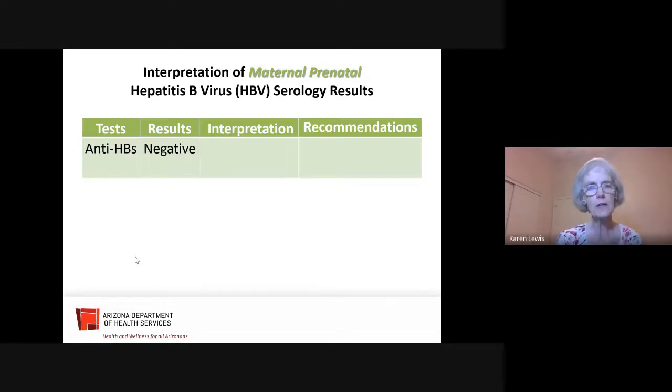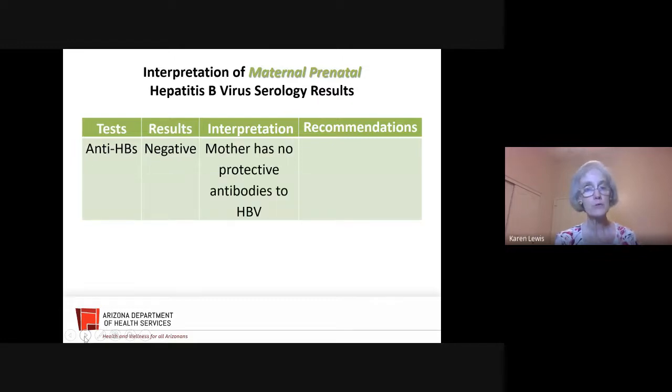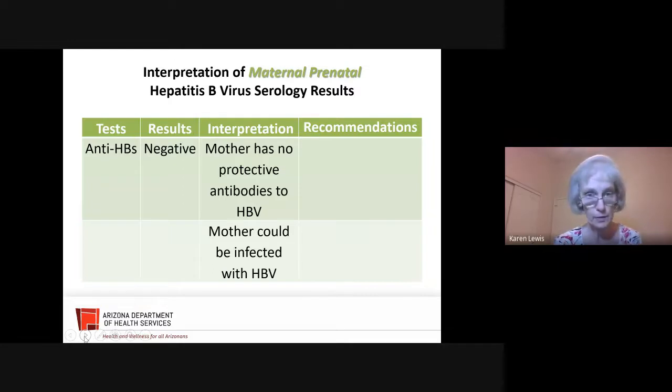If it's negative, that doesn't exclude infection with hepatitis B. Mother has no protective antibodies to hepatitis B. So what needs to be done? Mother could be infected with hepatitis B. Remember, if you're infected with hepatitis B virus, you do not develop antibodies to hepatitis B surface antigen.